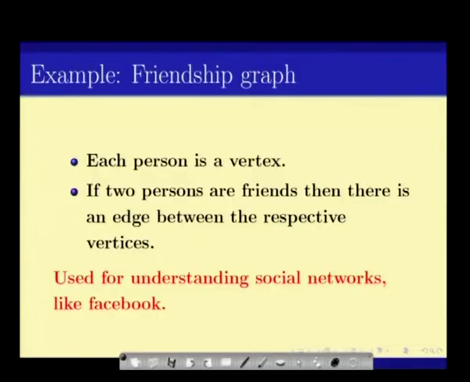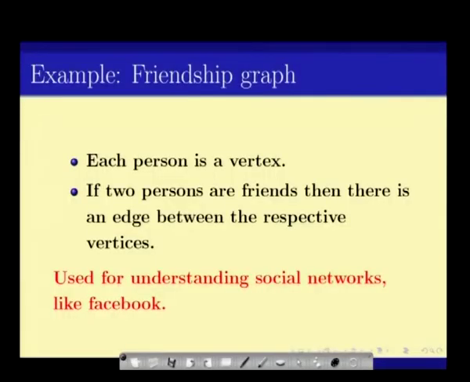This is a description. Of course, how we get such a description, or how we understand who is a friend of whom, is a different matter. But this kind of concept has been used a lot in understanding social networks like Facebook and Twitter.